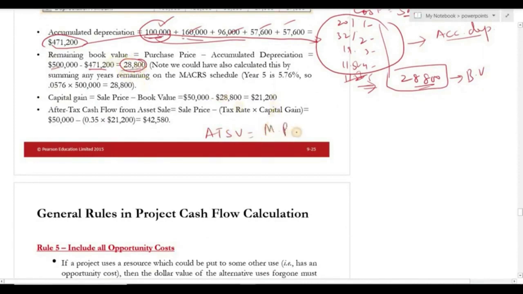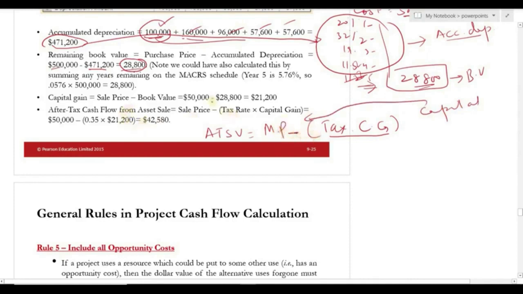So the market price minus tax times capital gain. If it is a capital loss, then it will be added. Remember, capital loss will be added, but because this is a capital gain, we have to pay the tax.